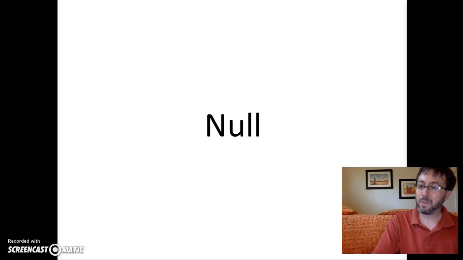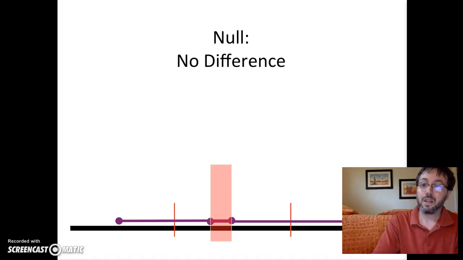But we need to talk about the null hypothesis because that's the foundation for understanding statistics moving forward. And it's slightly counterintuitive, so I want to be sure we spend a bit of time talking about it. Now, a null hypothesis says there's no difference between groups. Null, none. So it's a none hypothesis, or a suspicion that there is no difference between the groups that we're considering.